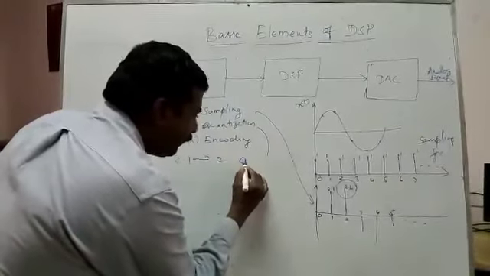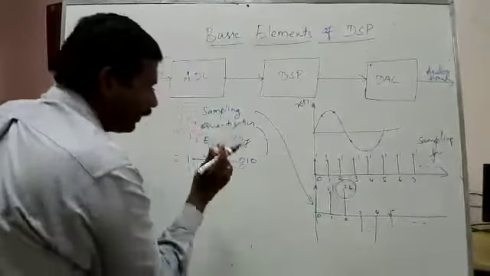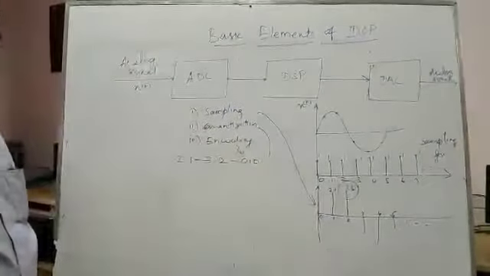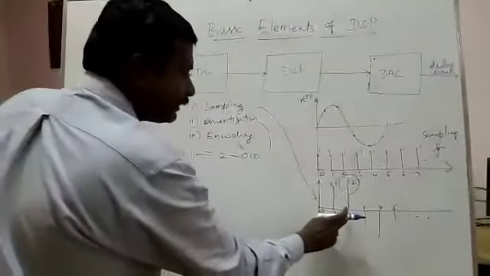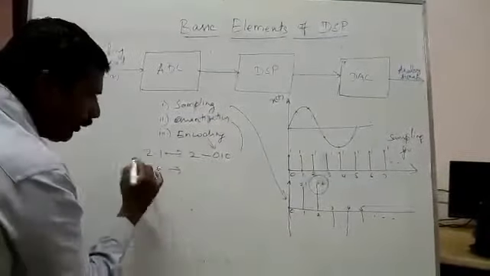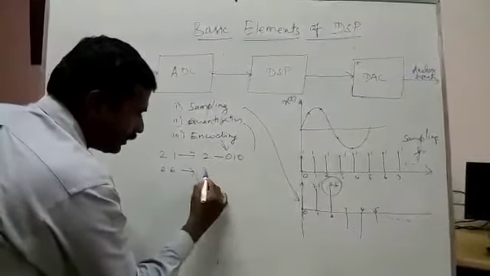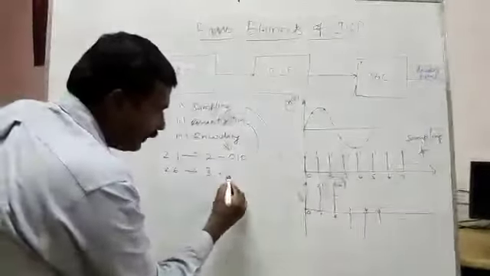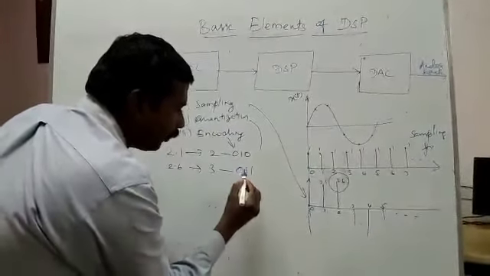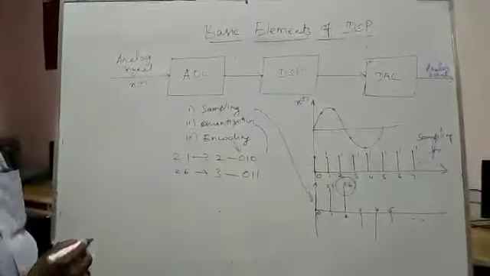So assigning binary numbers to the quantized value is called encoding. Similarly, the second amplitude value is 2.6. This 2.6 is rounded off to the nearest integer 3. Then 3 is assigned binary values 0, 1, 1. This process is called encoding.